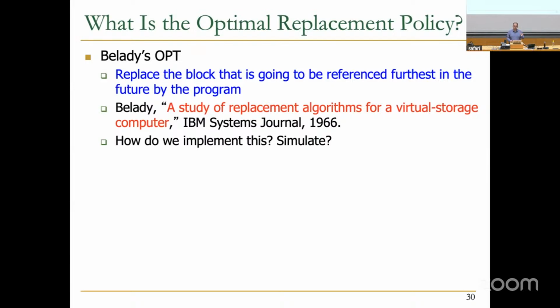But you can predict, essentially, and all these replacement policies that we are thinking of are trying to predict the future. But you can also simulate it. People have looked into how to simulate it. You can have a trace of your future accesses and then use this information to implement Belady's replacement policy for your cache.